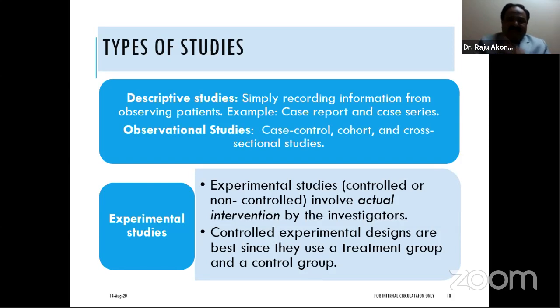Actually, the basic difference between descriptive, observational, and experimental studies is that in descriptive and observational studies there is no intervention, but in experimental studies the investigator actually intervenes in the study, right? So you need to identify whether the literature you got followed a descriptive pattern, an observational pattern, or an experimental study pattern.